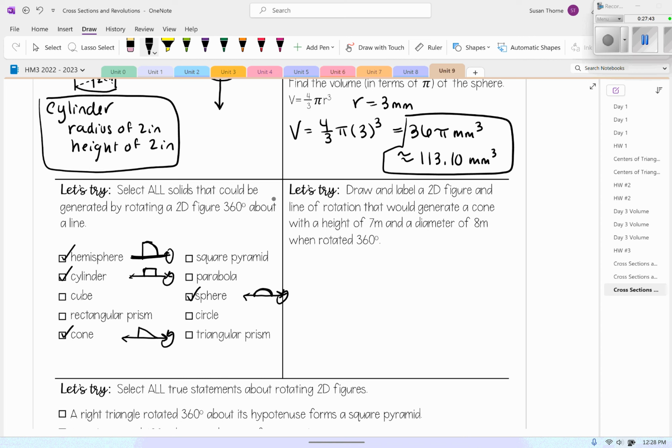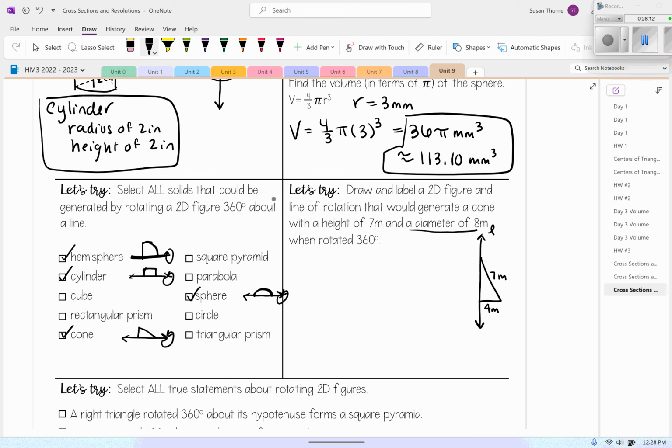The next one says to draw and label a 2D figure and line of rotation that would generate a cone with a height of 7 meters and a diameter of 8 meters when rotated 360 degrees. So let's call this line L. If we were to rotate this triangle, and the diameter is 8 meters, that means this would be 4 meters, and this would be 7 meters.